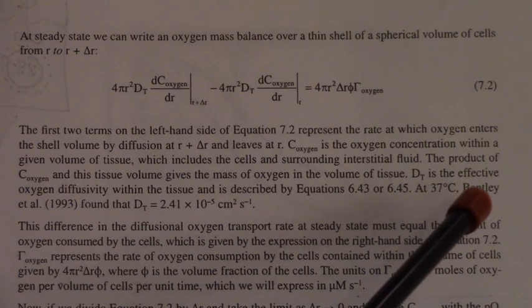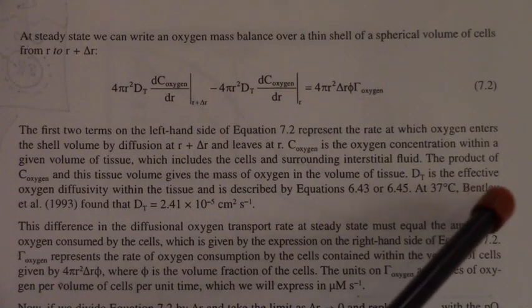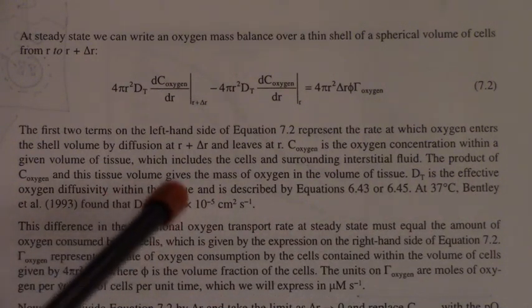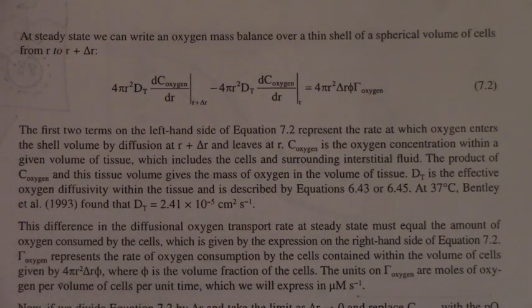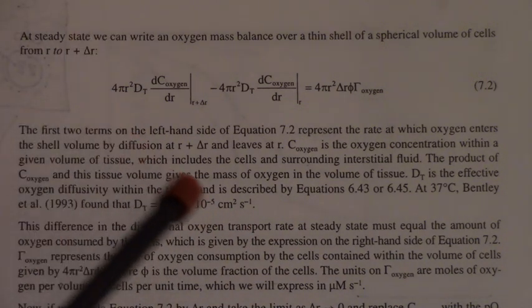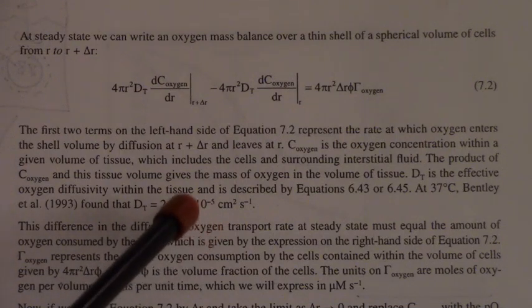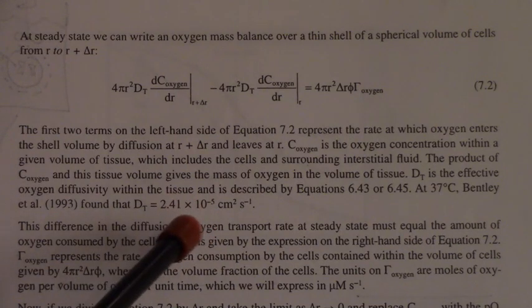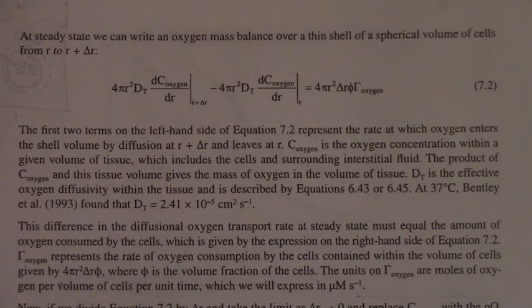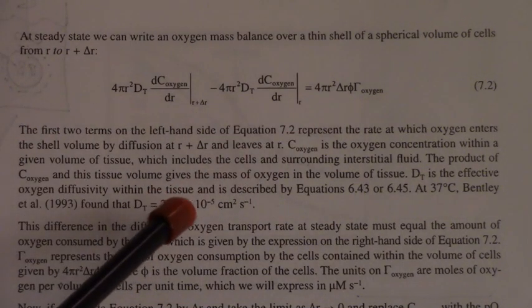And for oxygen at 37 degrees C, Bentley gives a typical number for oxygen diffusion in tissue of 2.41 times 10 to the minus 5th square centimeters per second. Recall that in chapter 5 there was an example where we showed these Japanese researchers did some experiments for water and came up with a diffusivity of 2.76 times 10 to the minus 5th square centimeters per second in water, and you can see it's reduced a little bit in tissue.